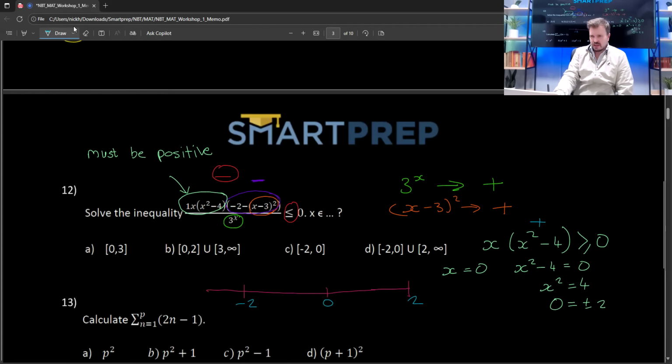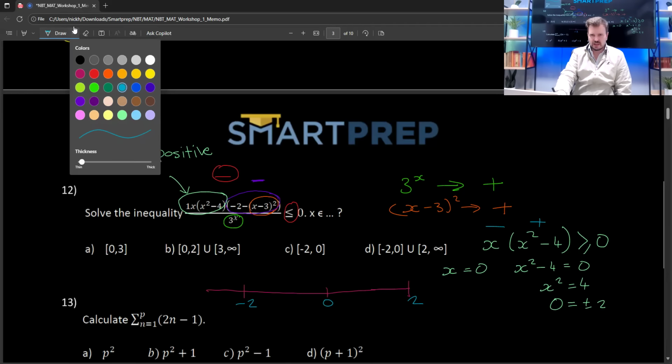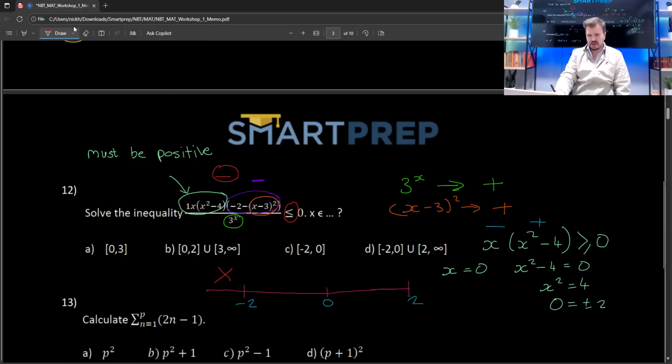And because this is -10, that's negative. And that is indeed negative, because negative times positive is negative. So that doesn't work, because this must be positive. So we'll put a cross line. That does not work there. Let's try -1. Well, -1 will be a negative there, but then this will be 1 minus 4, and that'll be a negative there.